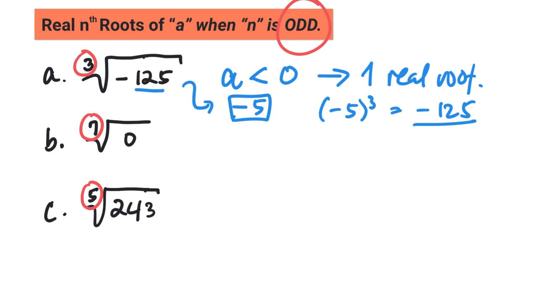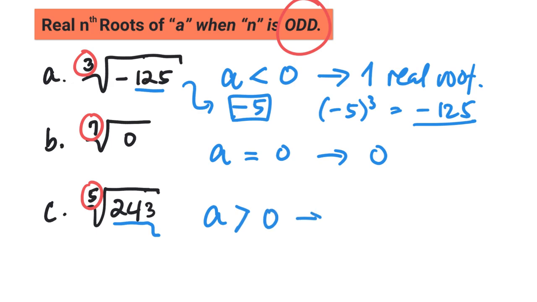Here we go. The next one is the 7th root of 0. Here, a is equal to 0. It means to say it's 0. Last but not least, look at your a in here. Your a in here is greater than 0. 243 is greater than 0. So it means to say that it also has only one real root. So if we're going to solve this one, the 5th root of 243 is actually 3.